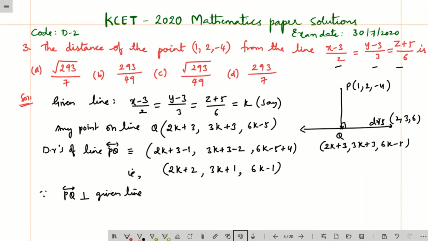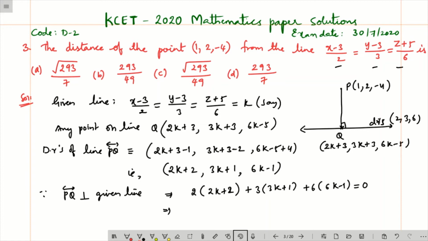Since PQ is perpendicular to the given line, the dot product will be equal to 0. So 2(2k+2) + 3(3k+1) + 6(6k-1) = 0.